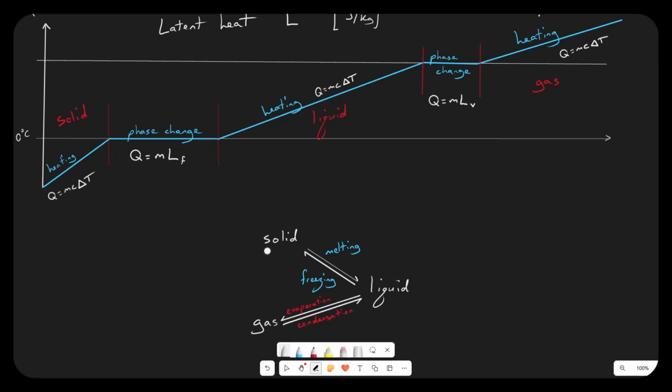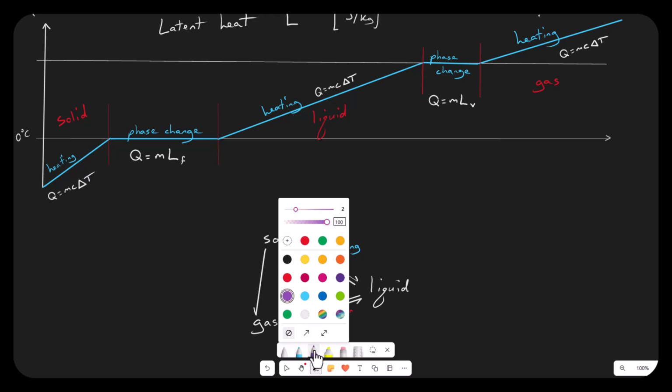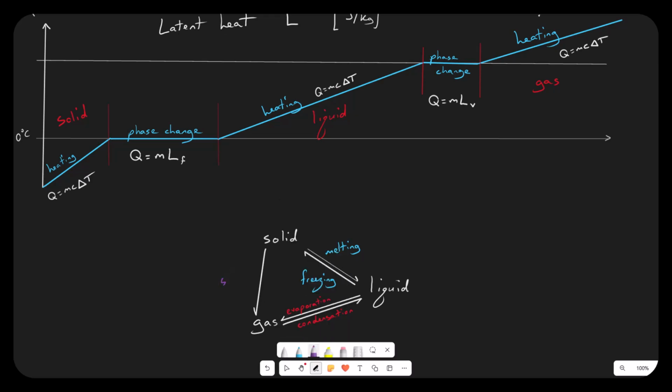If I go from solid straight to gas, which I get with something like dry ice, that one is sublimation. And if I go from gas straight to solid, which I get with frost, this is called deposition.